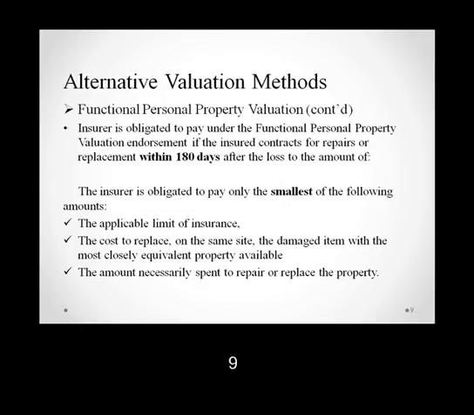And the third one will be the amount necessary to repair and replace the property. So, whichever of these three is cheapest, the insurance company is going to use that value to compensate you. And of course, you have to contact the insurance company within 180 days to repair the loss.